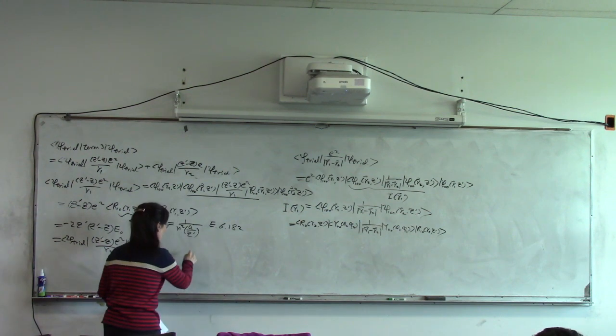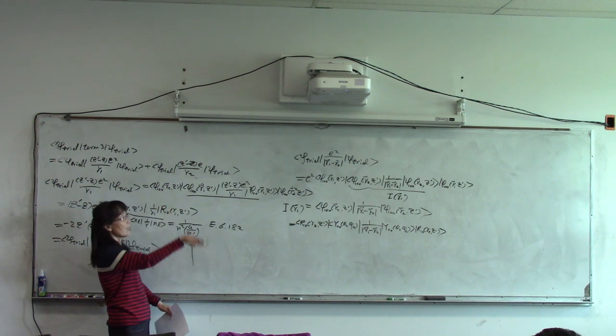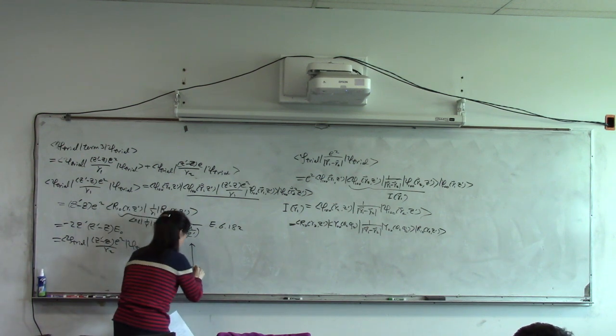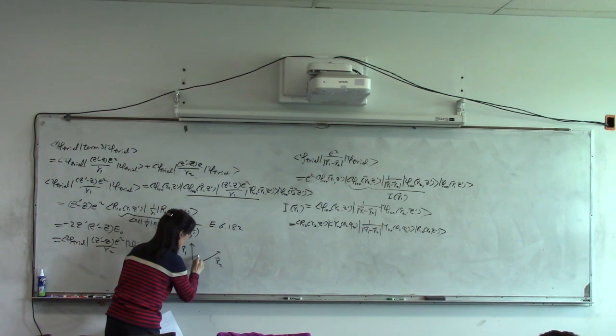How to do that? Let's look, because the axis of the spherical coordinates is selected arbitrarily. We can select any direction as the z direction, right? So now, suppose this is R1, this is R2, and this is theta 2.